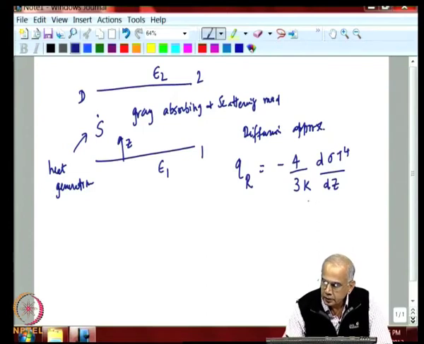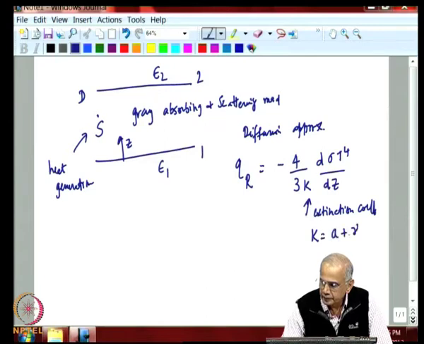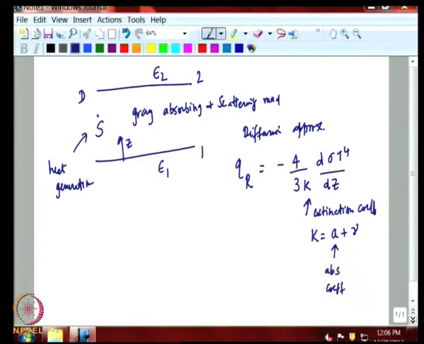Now, K is the extinction coefficient, which is the sum of absorption and scattering. This is the absorption coefficient, this is the scattering coefficient, and these two are combined to give you the extinction coefficient. Note that in the diffusion limit, the single scattering albedo omega plays no role.